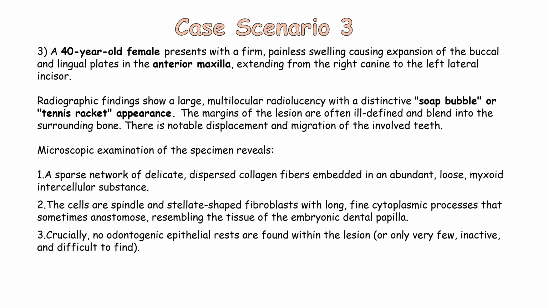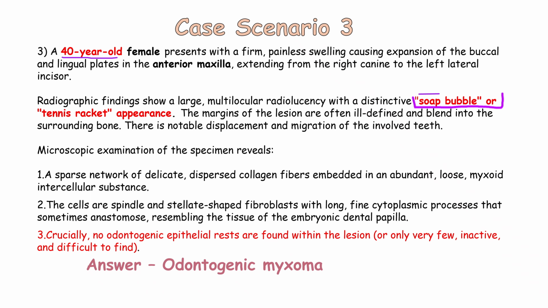Next is case scenario 3. Identify the tumor. Answer is odontogenic myxoma. Odontogenic myxoma is mostly seen in the middle age group, and also a striking feature is soap bubble or tennis racket appearance.